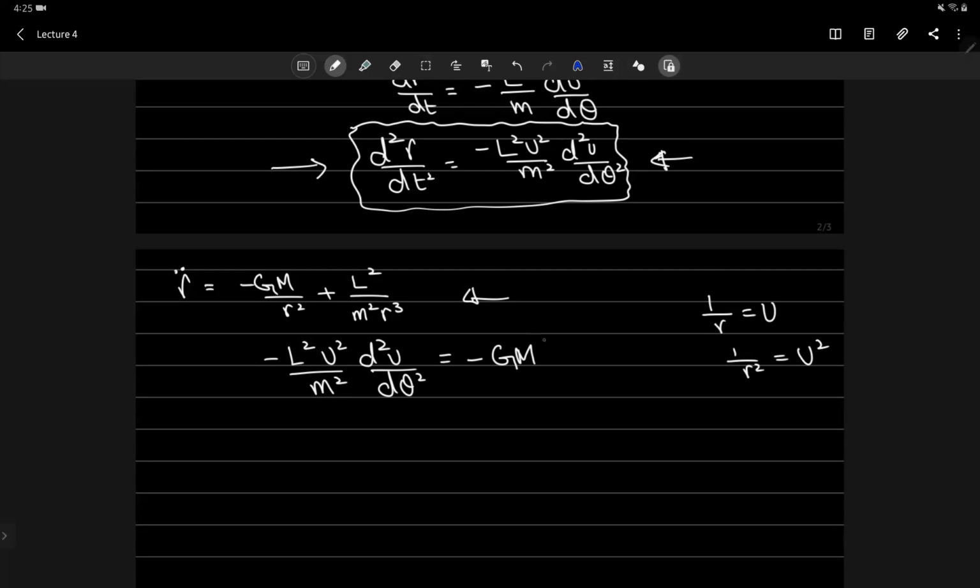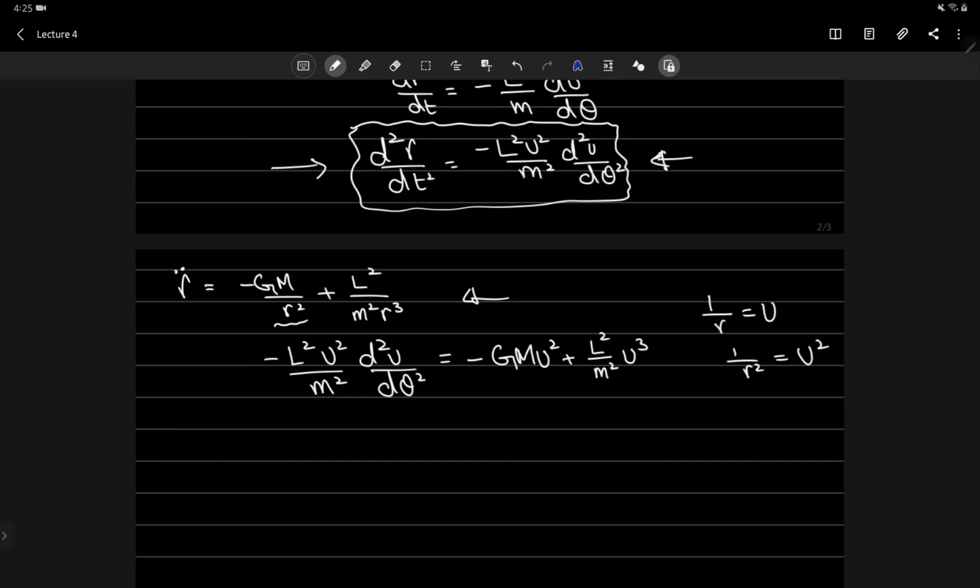So instead of writing r squared, I can write u squared. We are writing our whole equation in terms of u and getting rid of the r. And then I would have plus L squared over m squared u cube, since 1 over r cube is just u cube.